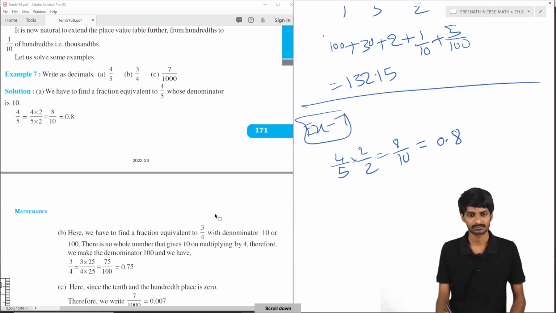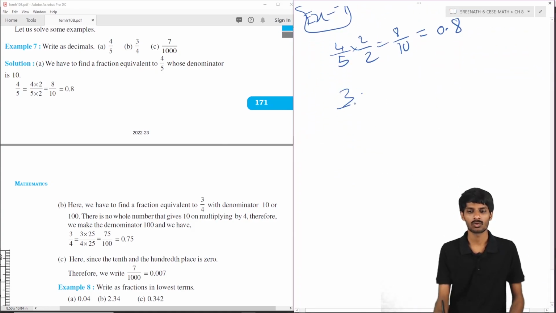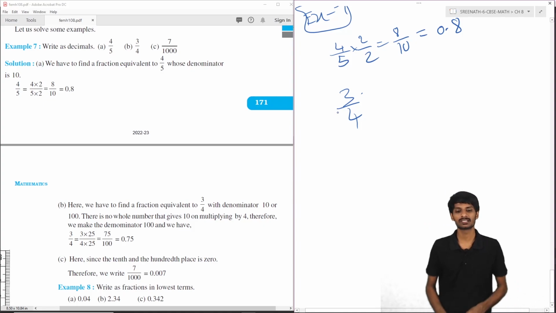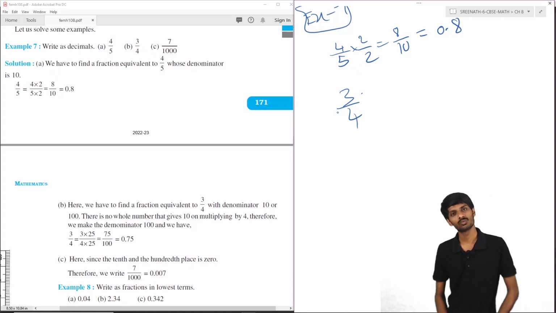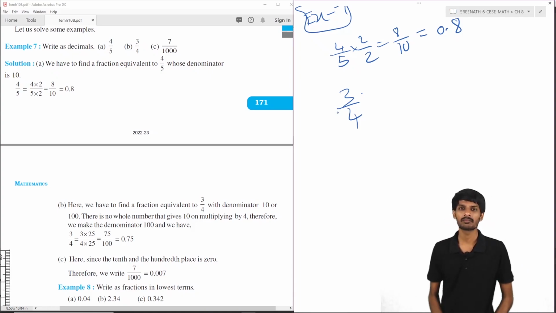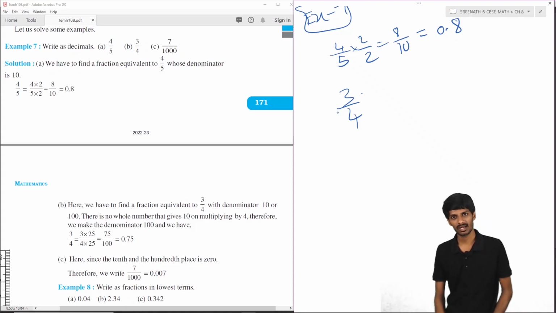Suppose you have to represent 3/4. There is no denominator 10. Can you make the denominator 10 by multiplying both numerator and denominator by any number? We can't. So if you can't make it 10, we check whether we can make it 100.